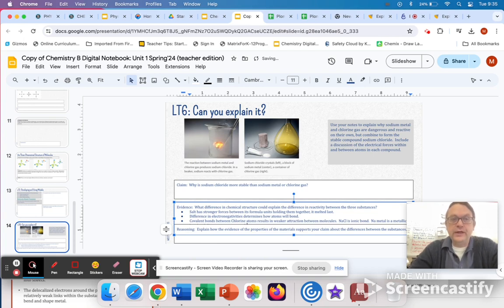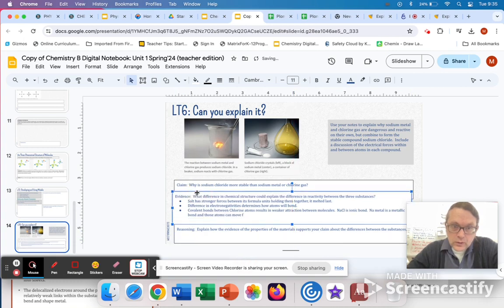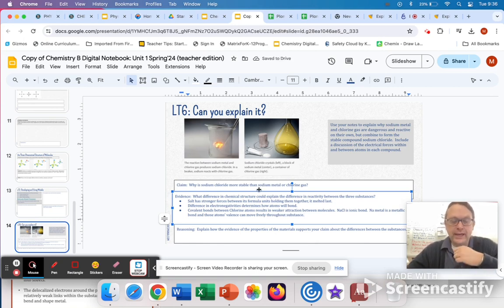The valence electrons, excuse me, those atoms as valence electrons can move freely throughout the substance, and that's helpful in understanding why it's so reactive with the chlorine gas.